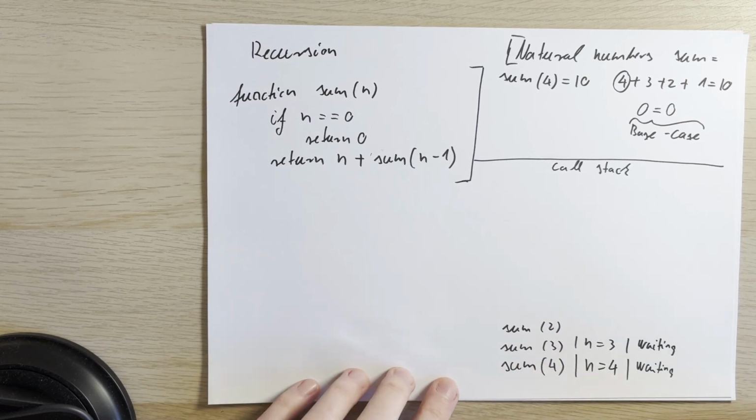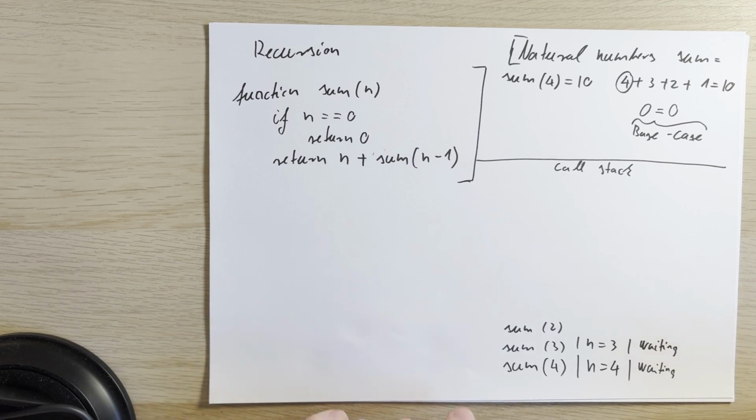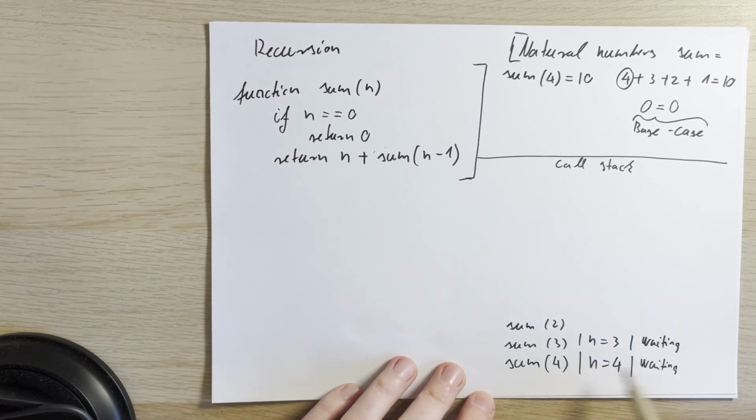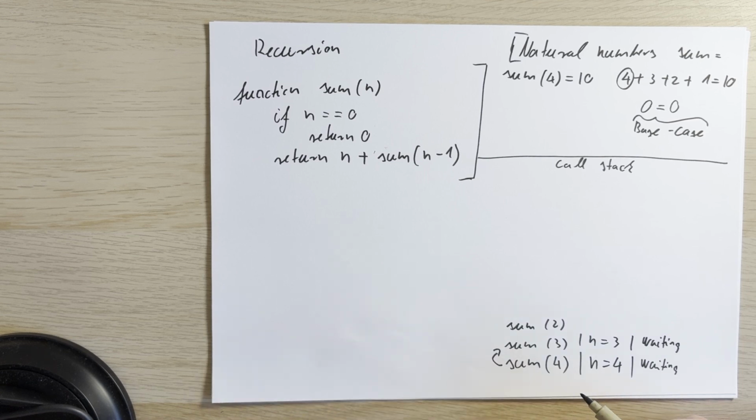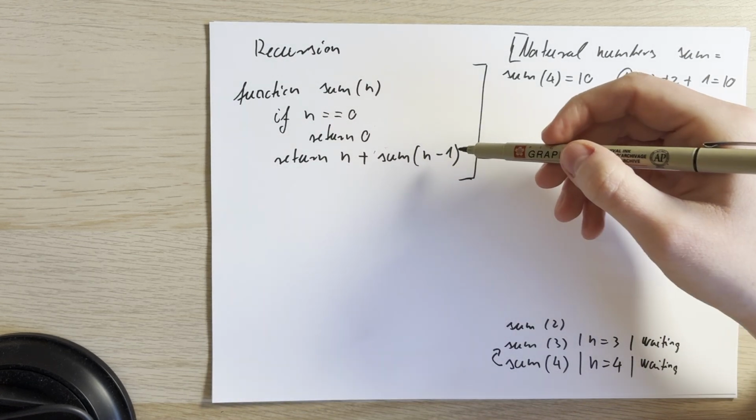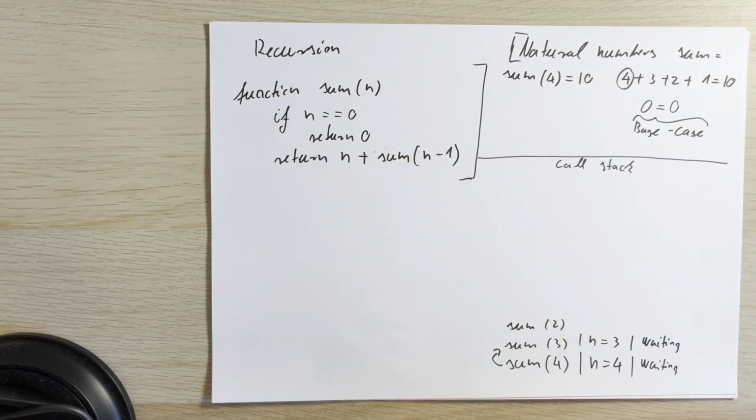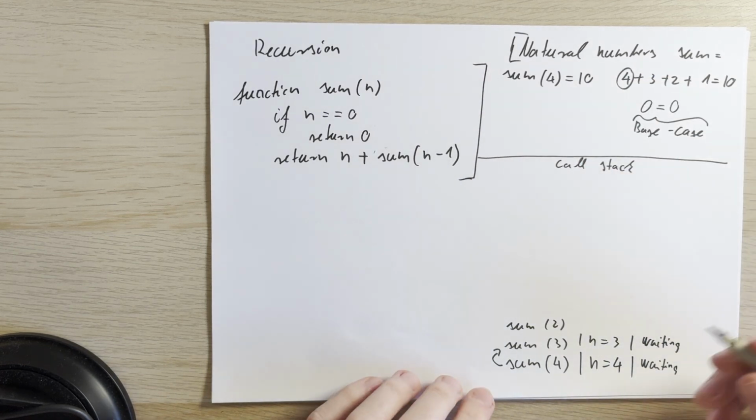To visualize what is actually happening, because we only have system function calls, this is waiting on this function, because this function doesn't know what sum of n minus 1 is going to return.